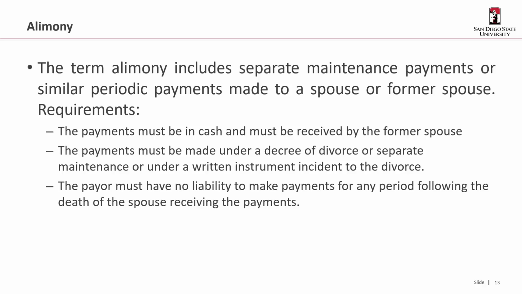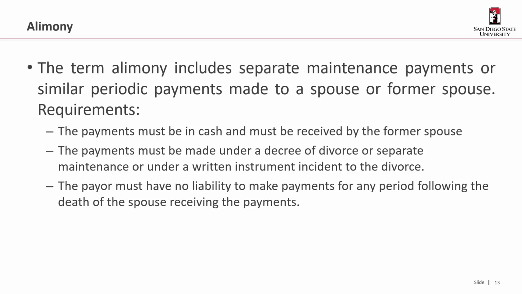So the payer must have no liability to make payments for any period following the death of the spouse receiving the payments, because obviously that must not be a maintenance payment if you keep paying it after the spouse dies. This is usually tied up in child support, right? So child support is separate from alimony.